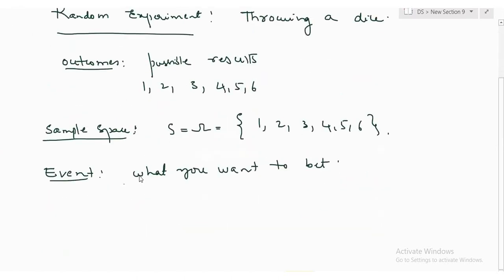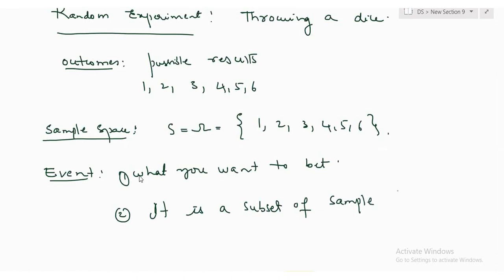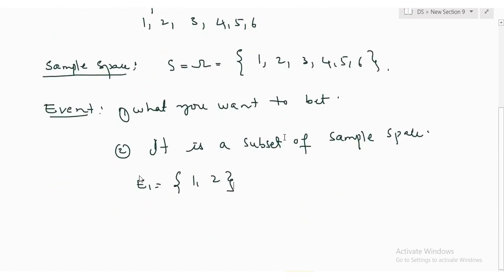So this event is a subset of the sample space. What is the meaning of this? Let's say E1, event 1: I want to bet on, let's say, 1 and 2. This {1, 2} is a subset of my sample space or not? Whatever you want to bet on is definitely a subset of my sample space only.